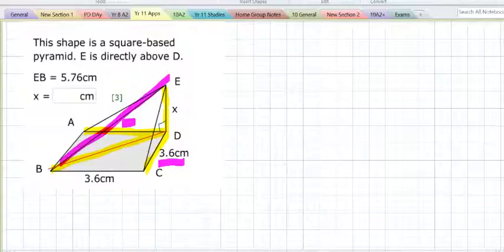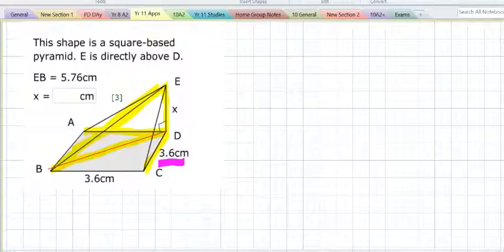I'll take the highlight away because it looks confusing, but we know it because the question tells us it's 5.76. So if we can find the diagonal along the base of the room, the BD diagonal, then we can get the other two sides of the triangle involving x.